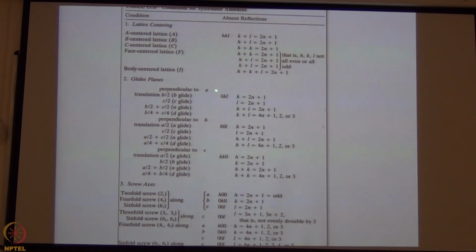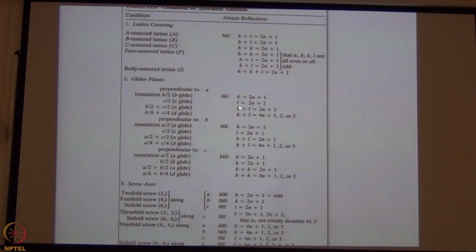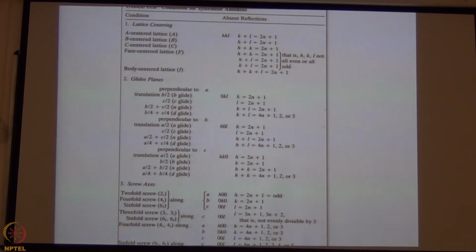C glide perpendicular to A means translation along C. So in 0KL set of reflections, L will be odd, not K. And then corresponding N glide, it is K plus L. N glide means translation along both B and C. So K plus L is odd.